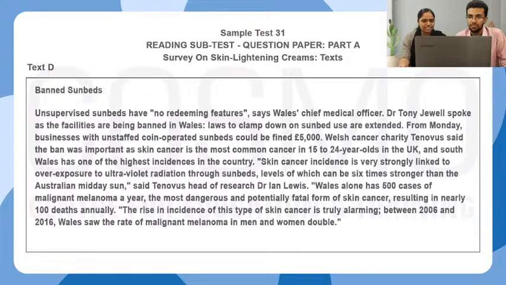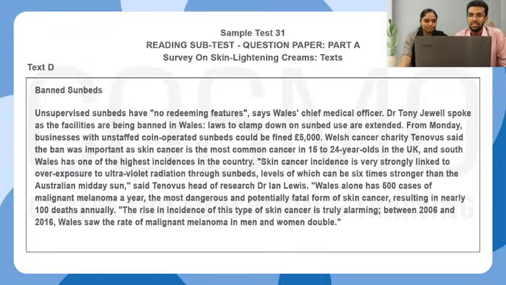I think nobody has responded. Type of sunbeds is a keyword. So can you identify what is that sunbed that's penalized in Wales? Yes, Jyoti answered unstaffed coin operated.